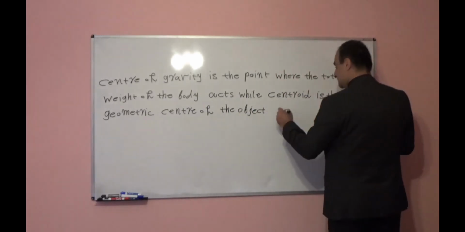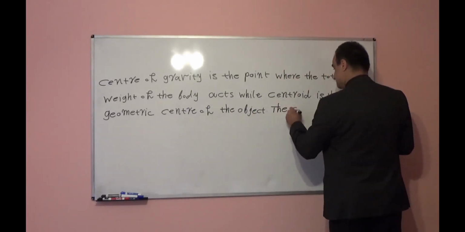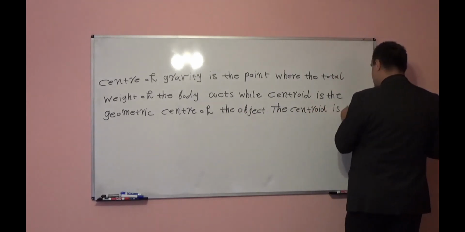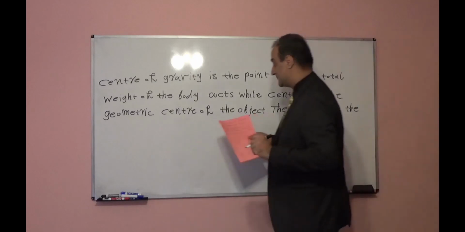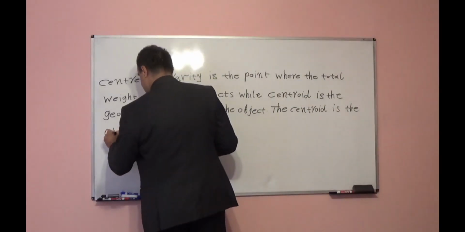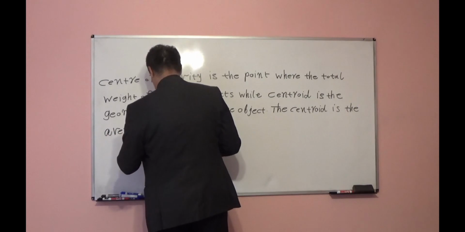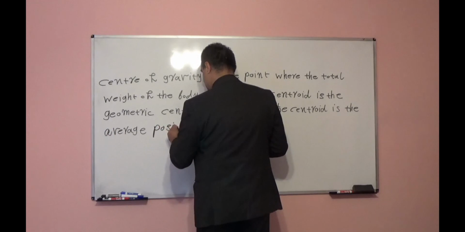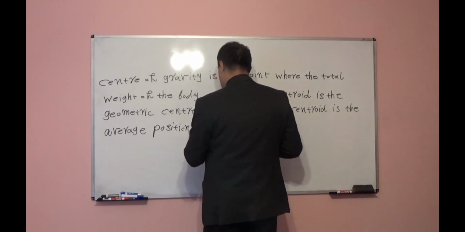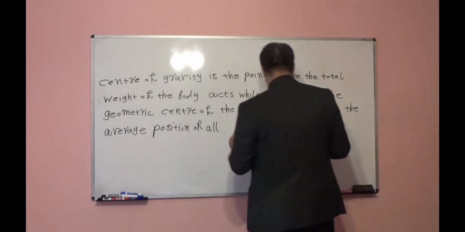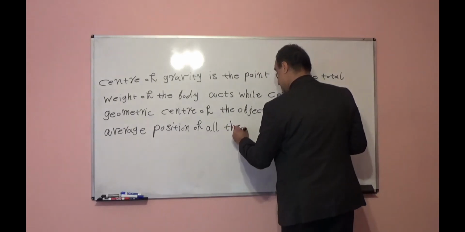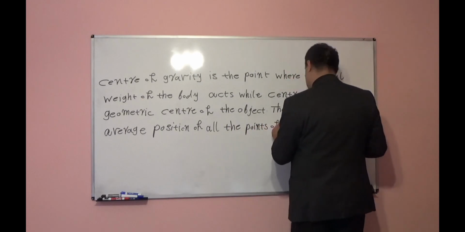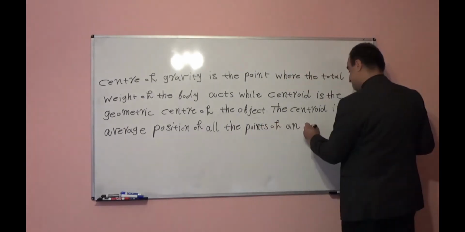The centroid is the average position of all the points of an object.